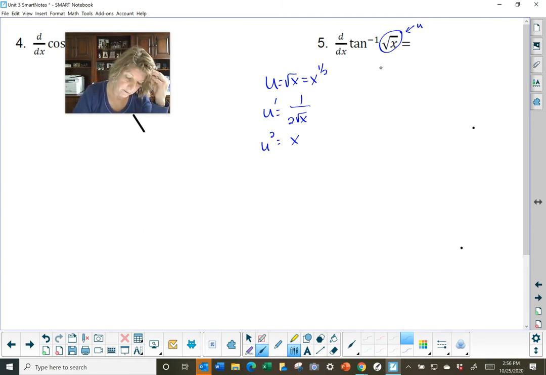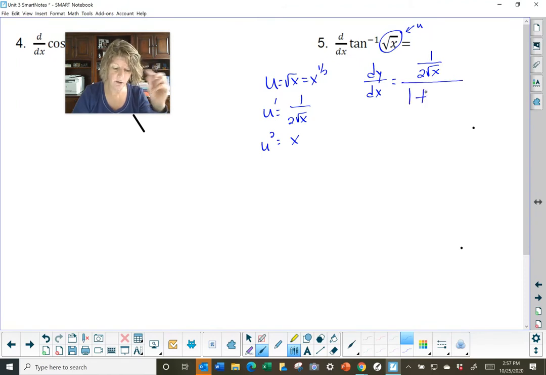The pattern for the derivative, so dy dx, is equal to u prime, which is 1 over 2 square root x, divided by 1 plus u squared, which is just x. Now, everything is almost perfect, except that I've got a complex fraction, don't I?